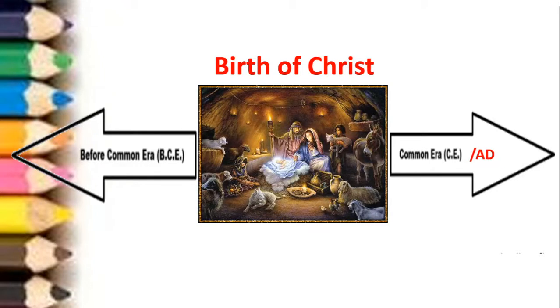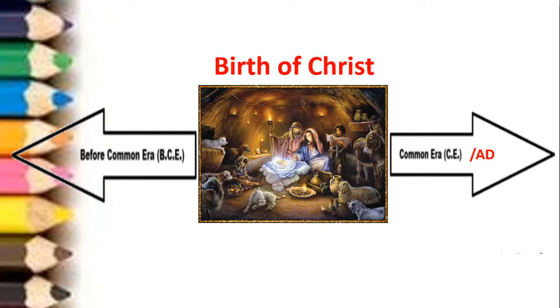Alright, so this is the most common measurement that we are using nowadays as far as time is concerned. Okay, we talk about the Common Era, or we talk about time as measured in relation to the birth of Jesus Christ.